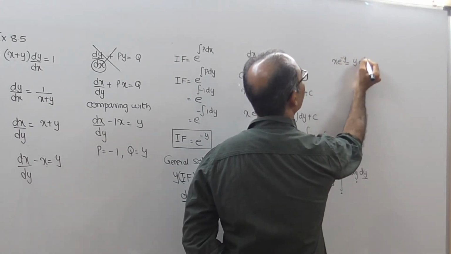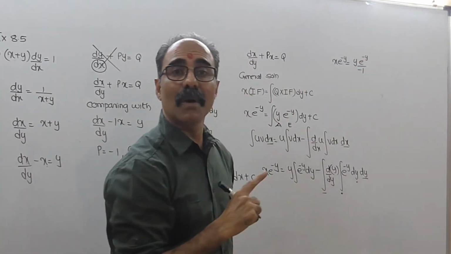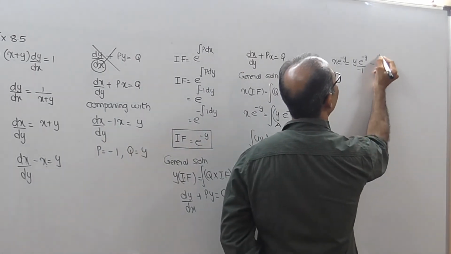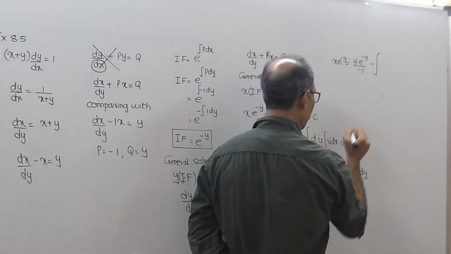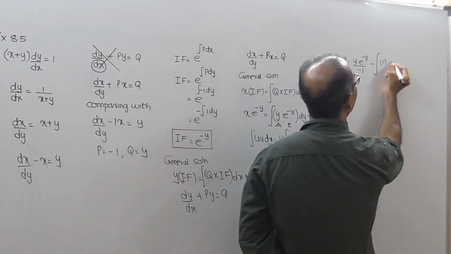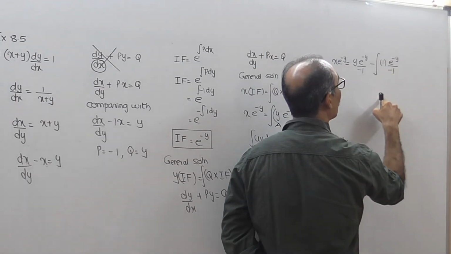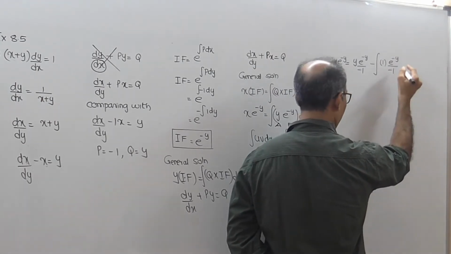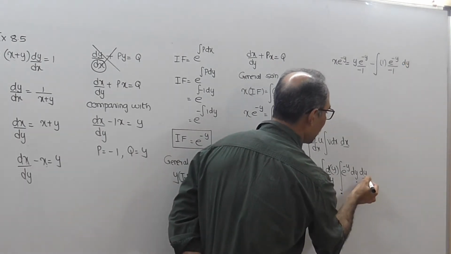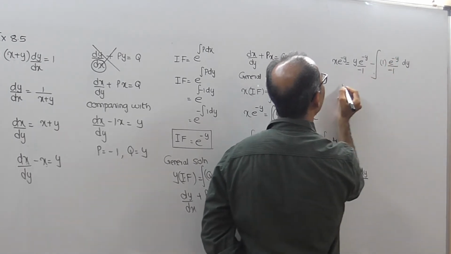What is the integration of e raised to minus y? E raised to minus y multiplied by 1 upon coefficient of y, that is 1 upon minus 1. Minus bigger integration. Derivative of y with respect to y will be 1. Integration of e raised to minus y is e raised to minus y into 1 upon coefficient of y, which is minus 1, and dy. With this integration comes this dy, since it is the bigger integration.